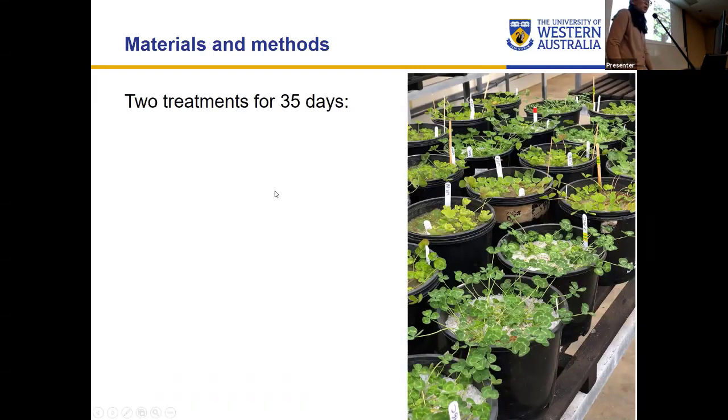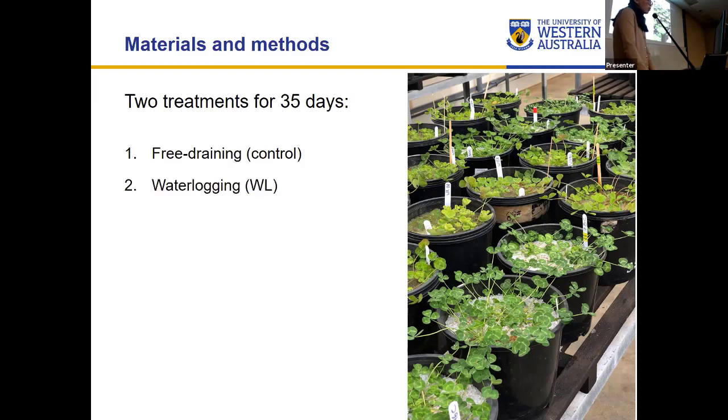There were two treatments after 28 days of growth, prolonged for 35 days. The free-draining control treatment: plants were grown under free-draining conditions for the entire duration of this experiment.